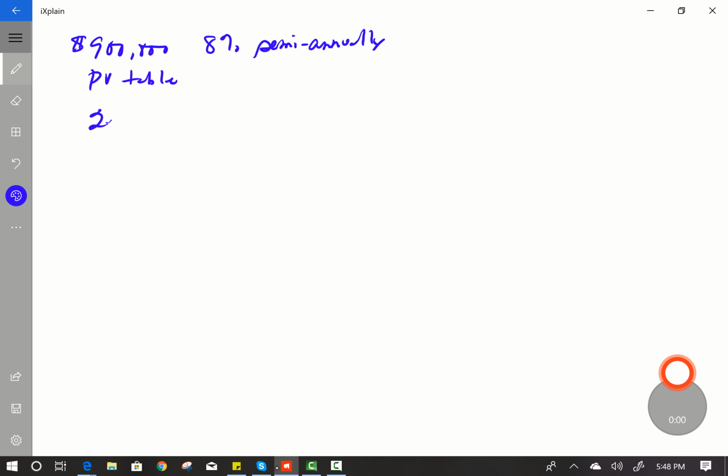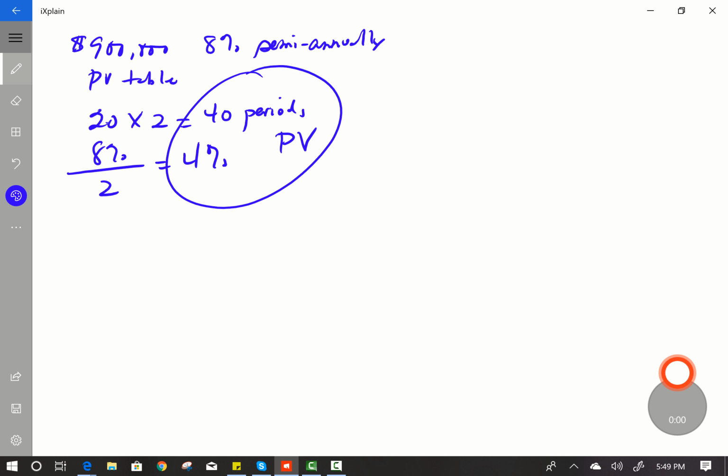So 20 years times the number of times it's going to be compounded in a year, which is twice, is going to give us 40 periods. And then 8% interest divided by the number of times it's compounded on a yearly basis will give us 4% interest. Using the present value table, find the corresponding factor of 40 periods and 4%.